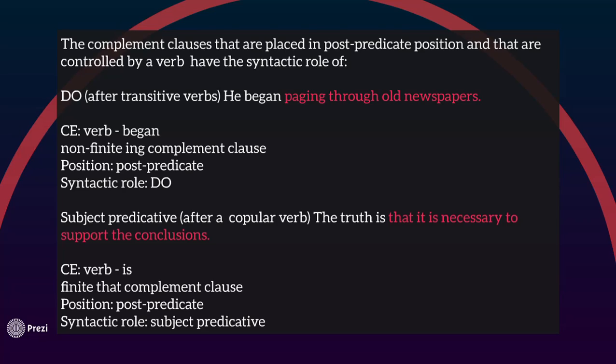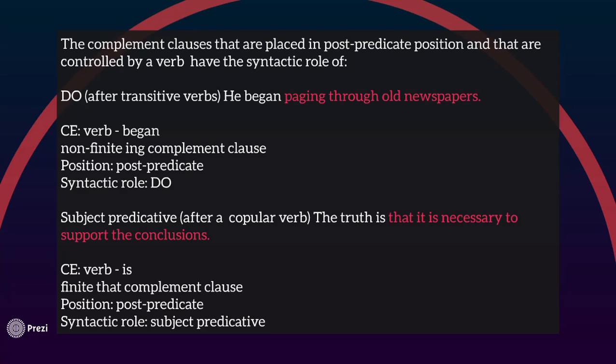Began is a transitive verb, so we can say that this ing clause serves as the direct object of the major clause. Please check that in the following analysis, we said that the controlling element is the verb began, which is complemented by a non-finite ing clause in post-predicate position and having the syntactic role of a direct object.